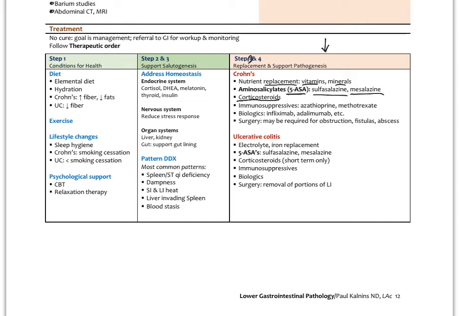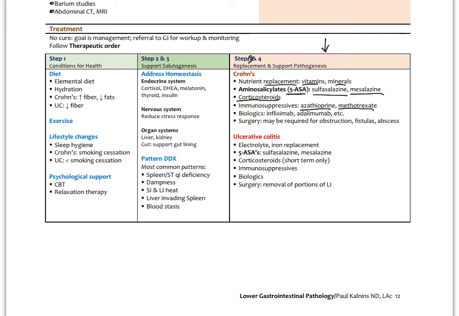Now, more chronically, a lot of patients with Crohn's will need higher levels of immune suppression from this way of thinking. And so they use azathioprine or methotrexate, which are immunosuppressive drugs. And more common, a lot of gastroenterologists are now using biologics. Biologics target specific immune cytokines, TNF-alpha, IL-1, IL-6, and they are antibodies that are injected and they bind to either the cytokine or to the receptor for that cytokine.